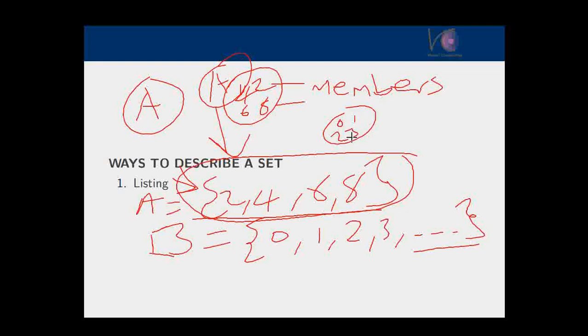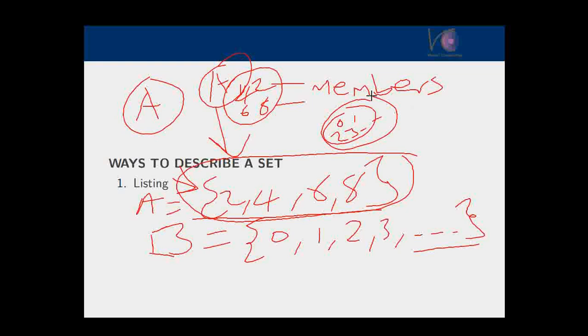But these numbers keep on going to infinity. You don't know where they are ending, and infinity can be any big number. So, using this method of listing, are you able to describe the set where the numbers are going to infinity? Okay, keep that question in mind.